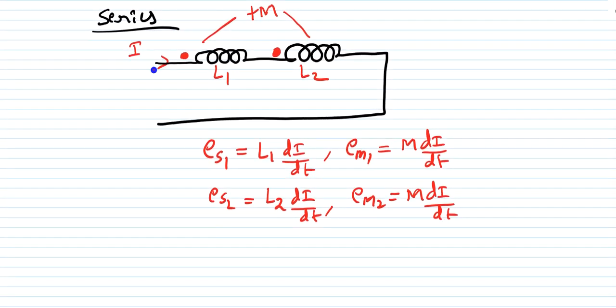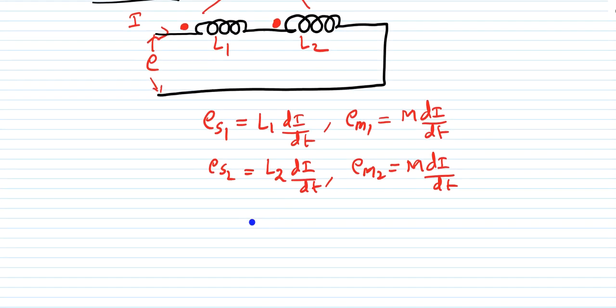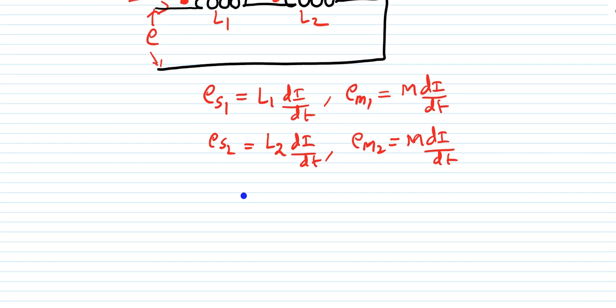And suppose you assume that this is the excitation. If you are giving it here, then how will you write the total E? You apply the KVL concept. So E is equal to ES1 plus EM1 plus ES2 plus EM2, the algebraic sum of all the voltage drops equal to the supply voltage.